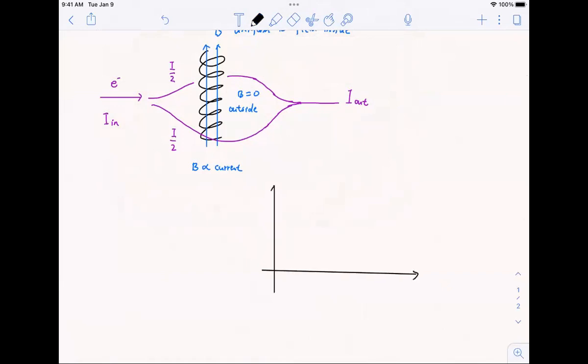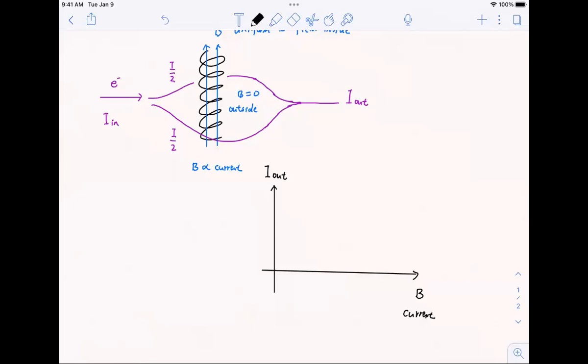So let me just plot it out. You plot I out as a function of B field. But pay attention, this B field is the B field inside the solenoid. Or you can plot it as a current, it doesn't matter.